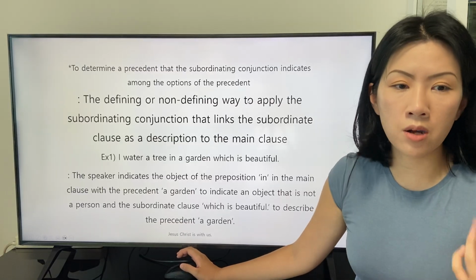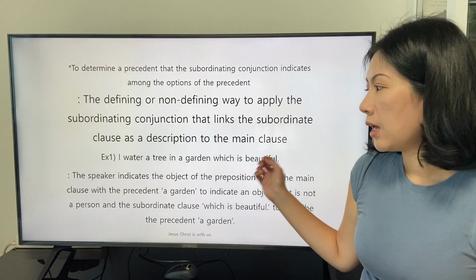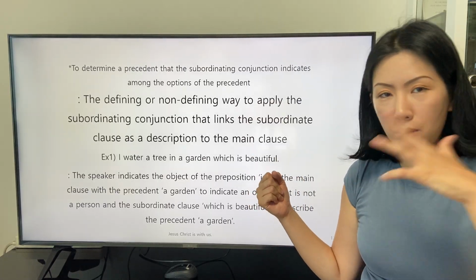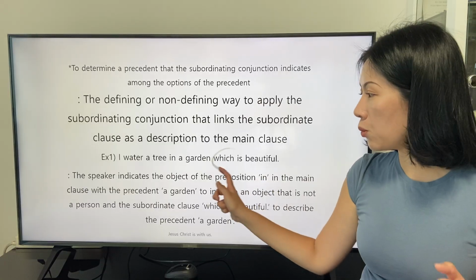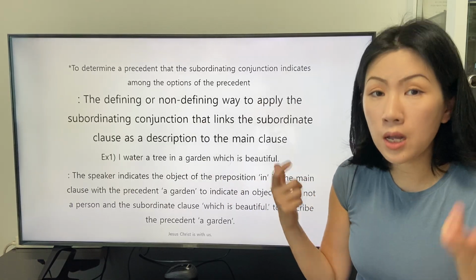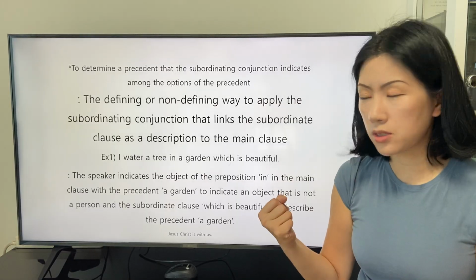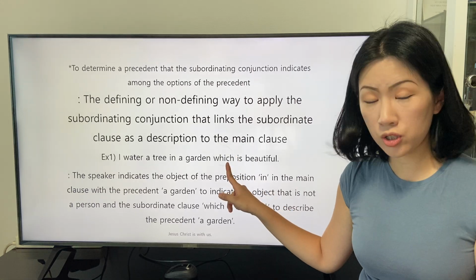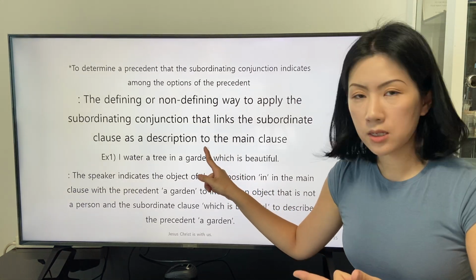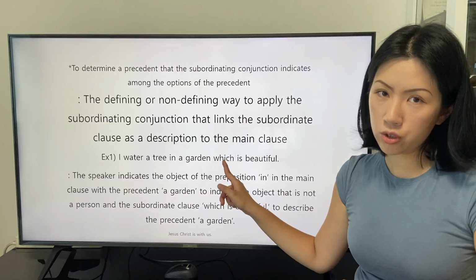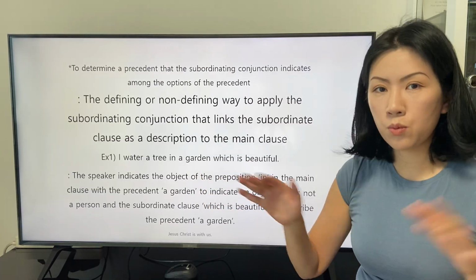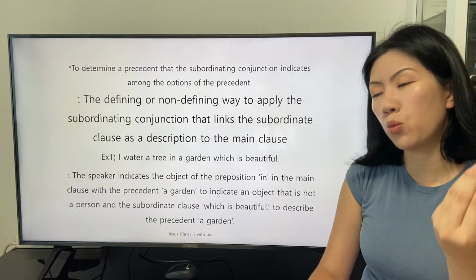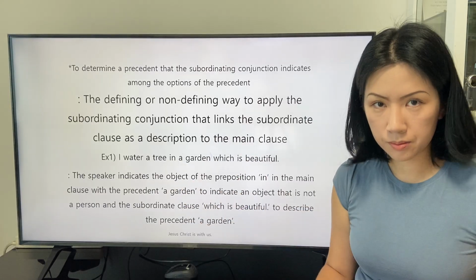I water a tree in a garden which is beautiful. And this example is stated without a comma. This tells us that the pronoun which is applied in the defining way. The defining way tells us that the precedent indicated by the pronoun which is stated right before the pronoun which. So we figure out that the precedent for the pronoun which is a garden.